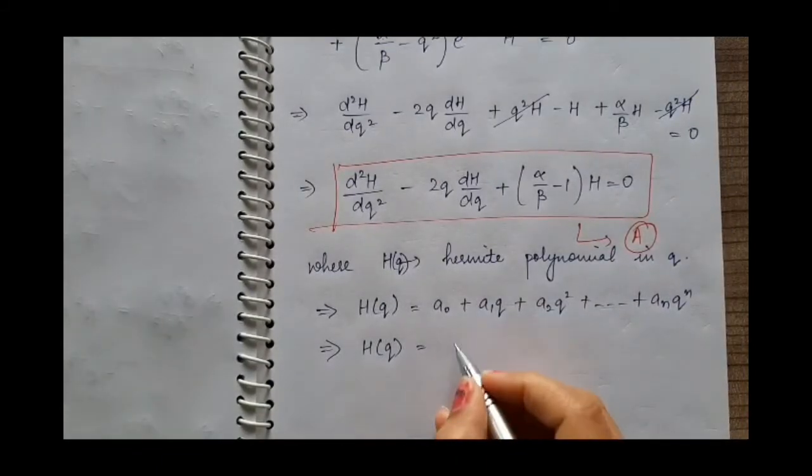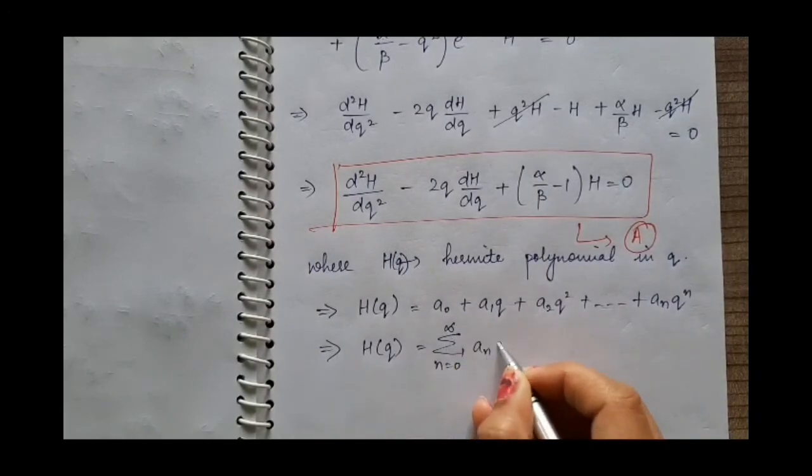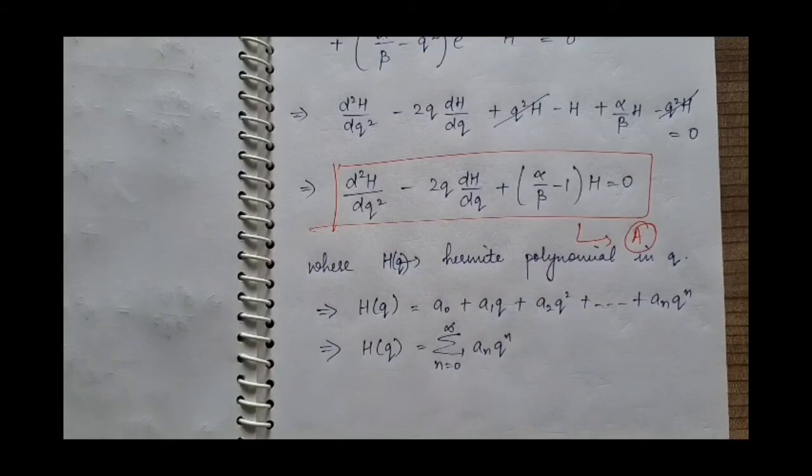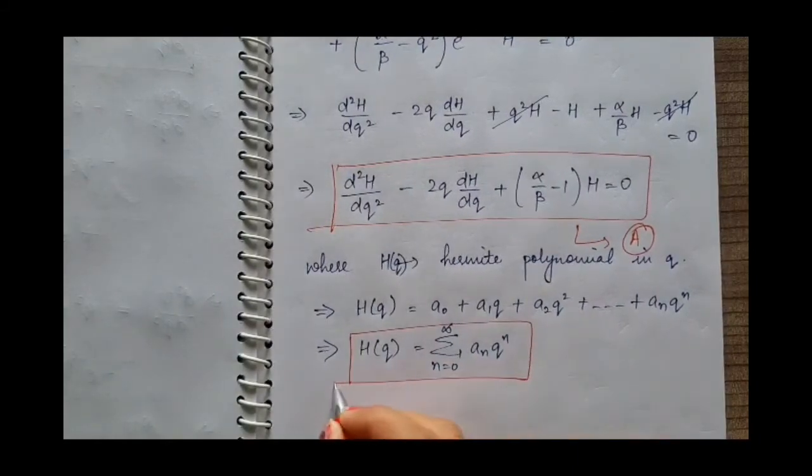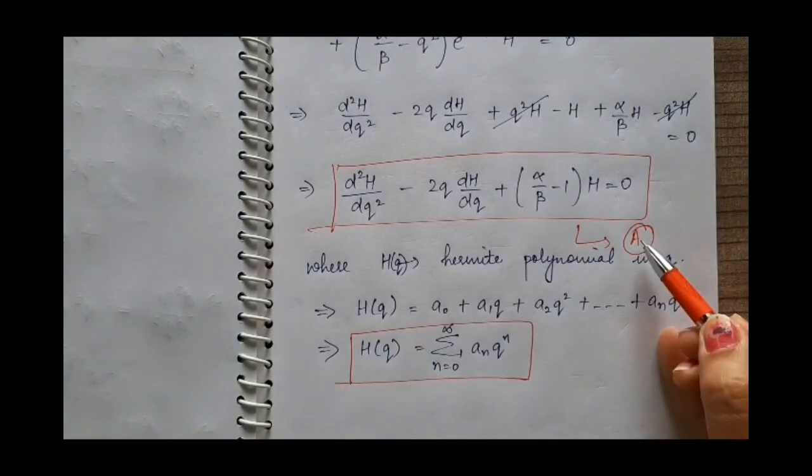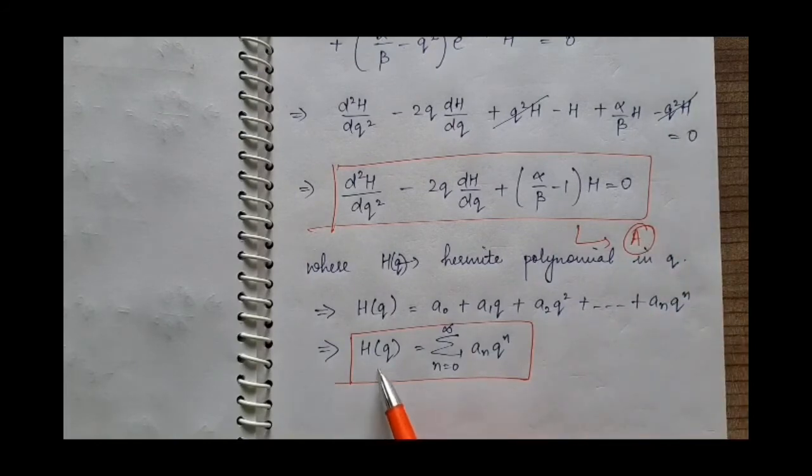This implies h(q) is summation n varies from 0 to infinity a_n q^n. And now to find the solution of equation A, we have the value of h(q) equal to this.